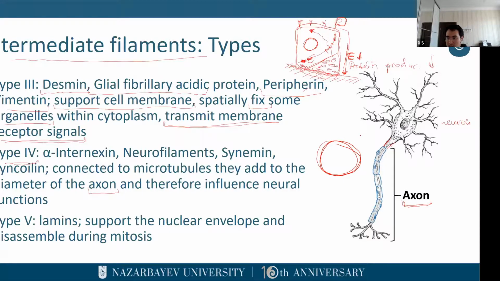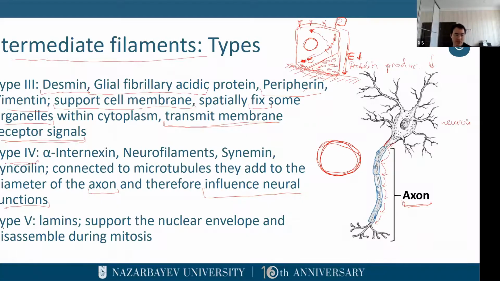And it means that we can have a faster signal that goes through this axon. And if we have a faster and safer signal, it means the response is very related to the diameter. So, okay, it influences the neural functions.